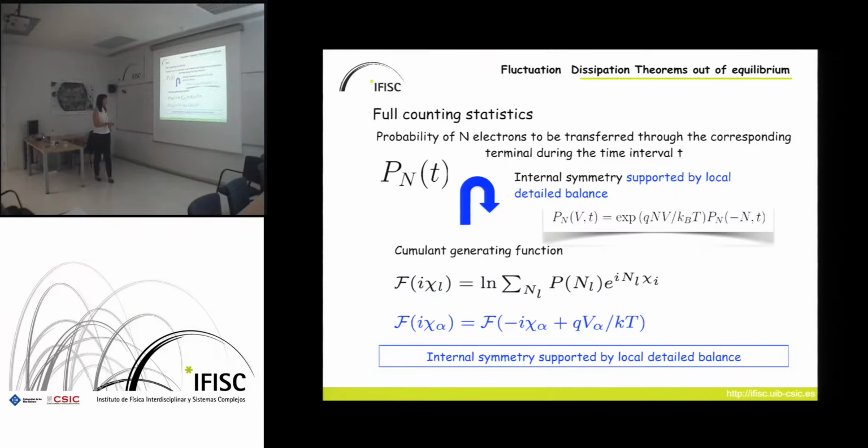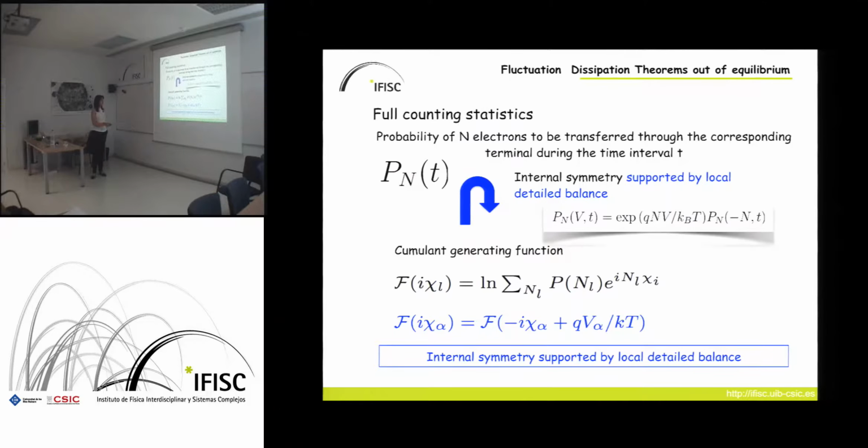And they are related with some exponential factor like this. Okay. So then this internal symmetry that is supported by local detail balance can be translated into the cumulant generating function in this way.